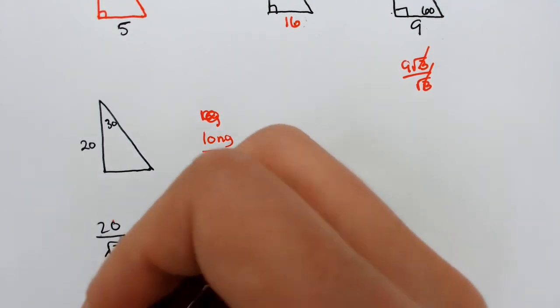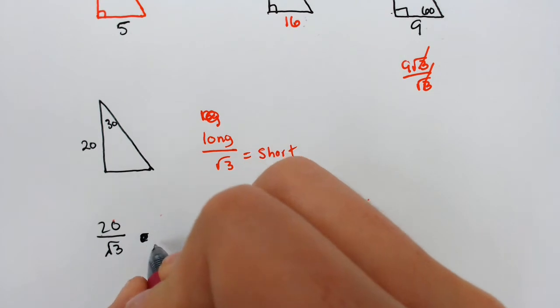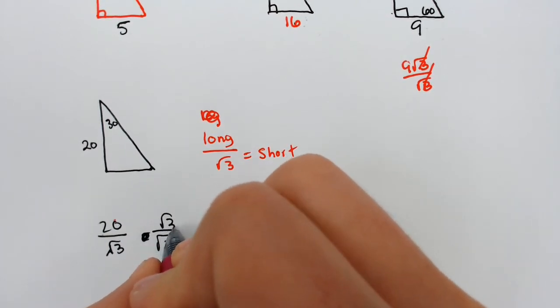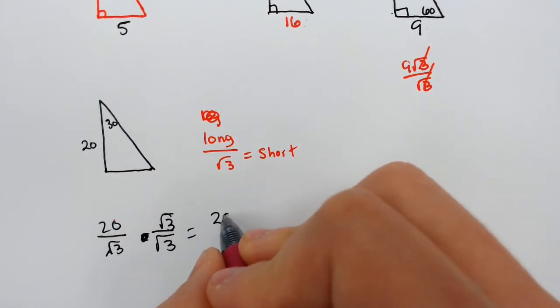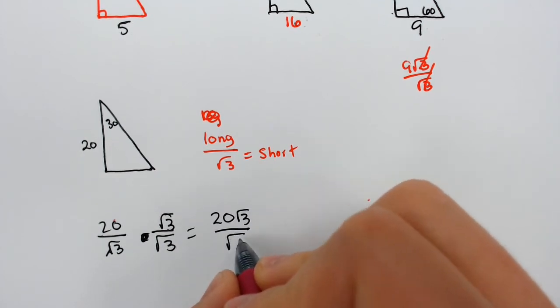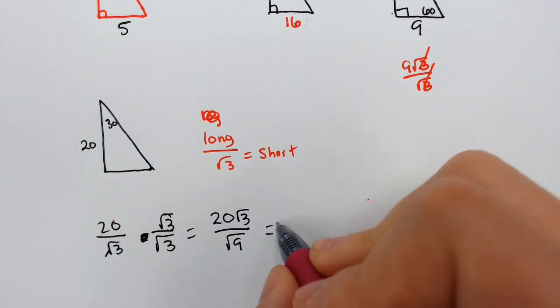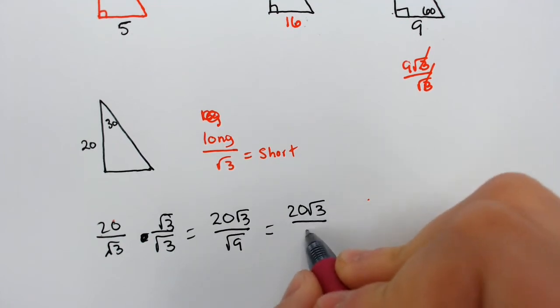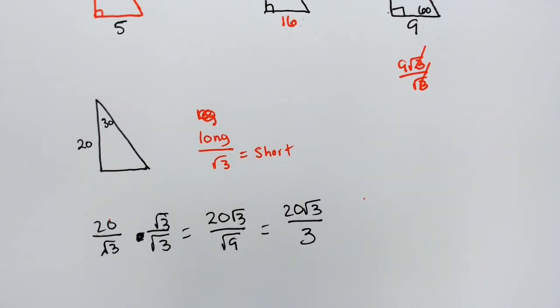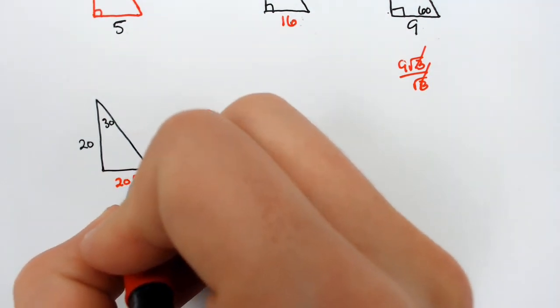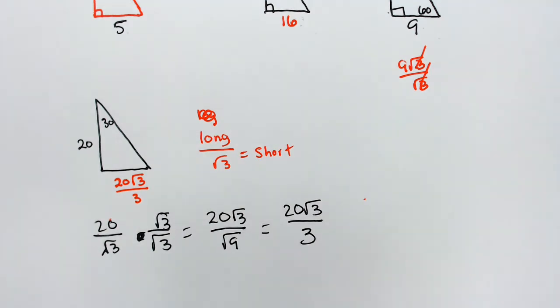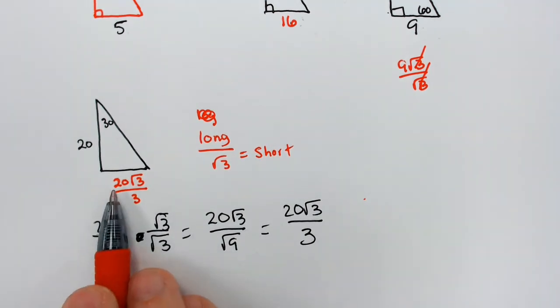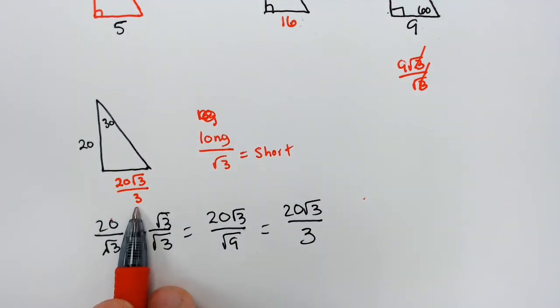So in order to do that, we need to multiply by the square root of 3 and the square root of 3, which would give us 20 square root of 3 over the square root of 9, which is really just 20 square root of 3 over 3. If 20 happened to divide by 3, I would do that, but 20 does not divide by 3. So that's why I'm leaving it as 20 square root of 3 over 3.